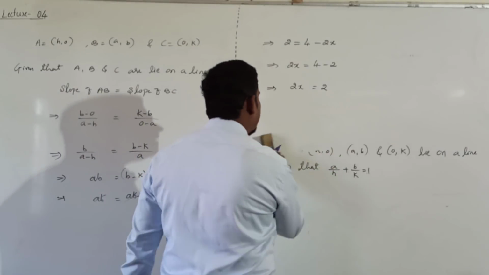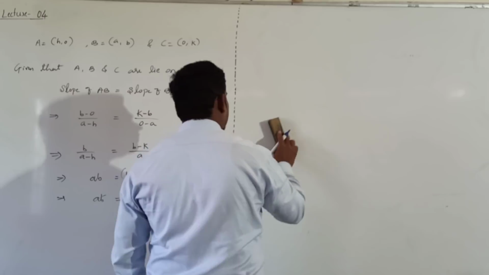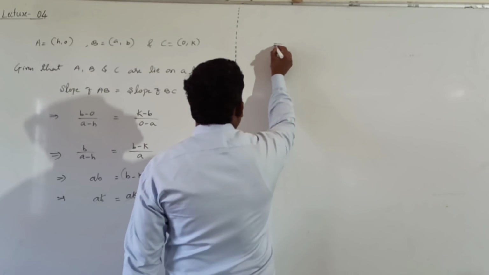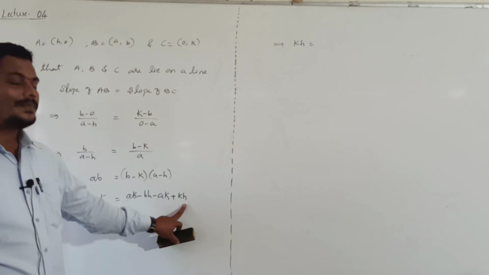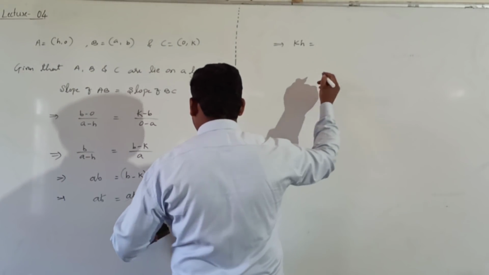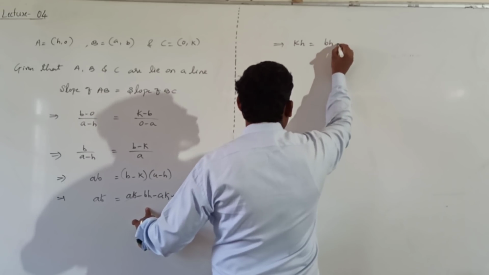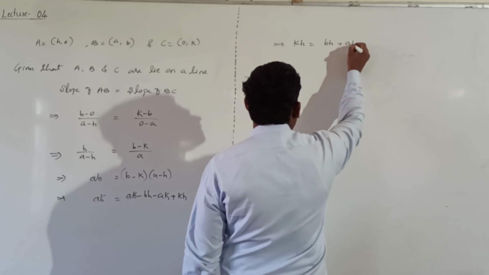Then just rearrangement: except for kh, send the remaining terms to the LHS, then it becomes bh plus ak.